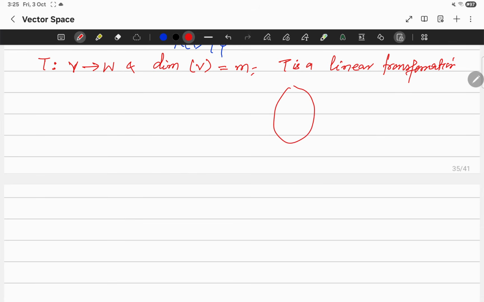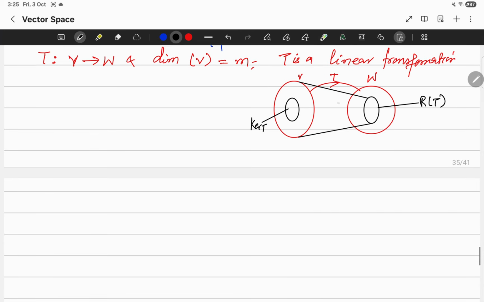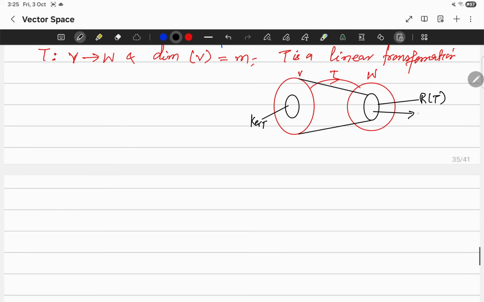So you have this V, this is the W, and this is a function T. There is a subset that we call the range of T, and here we have a subset that we call the kernel of T. The image is going to R of T. It has a dimension that's called the rank of T. The kernel has a dimension that's called the nullity of T.